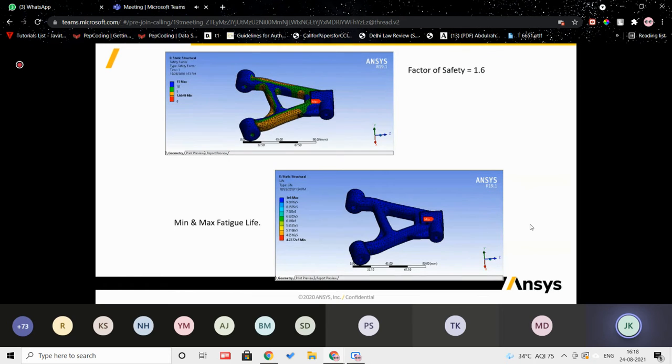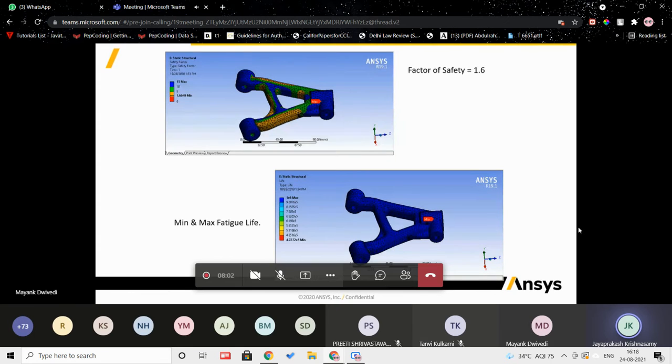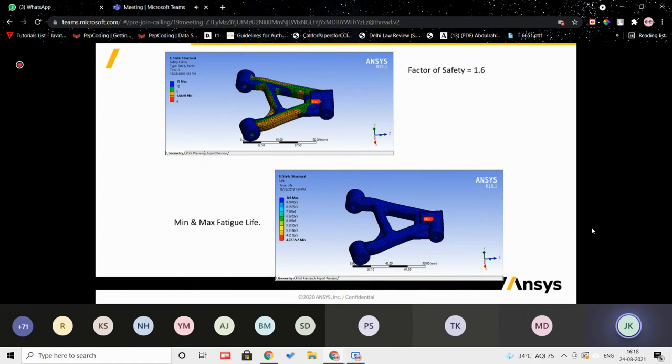So the fatigue life becomes a very important quantity when you want to schedule the inspection of your structure or your vehicle, or to provide the schedule for the service of your vehicle, etc. In that scenario, these are very important because even though it is satisfying the factor of safety, in terms of fatigue life we need to calculate it.